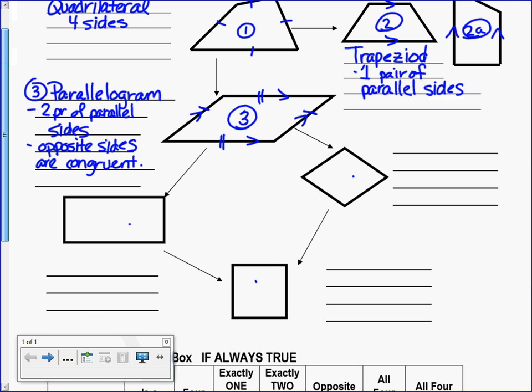It's the grandfather of every single one of these images below this parallelogram. Now make sure you understand, all of these images are quadrilaterals, but everything below this parallelogram is also considered a parallelogram. So let me move on to image number 4, and he's a rhombus.